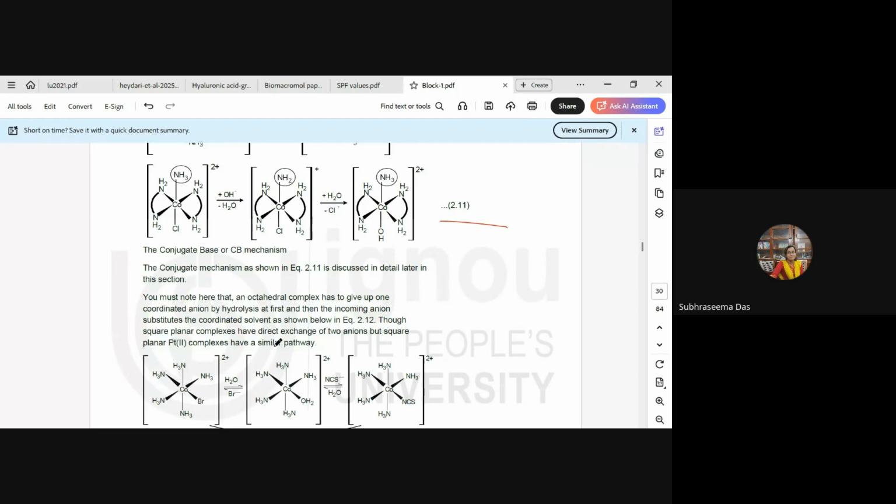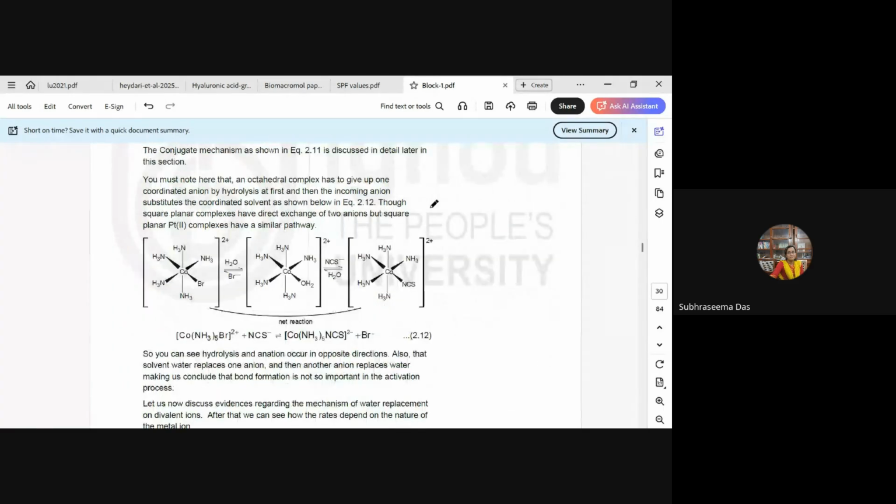Then is the conjugate base mechanism, which is discussed in greater detail in a later section. When an octahedral complex has to give up one coordinated anion by hydrolysis at first, and then the incoming anion substitutes the coordinated solvent, it is shown in equation 2.12.